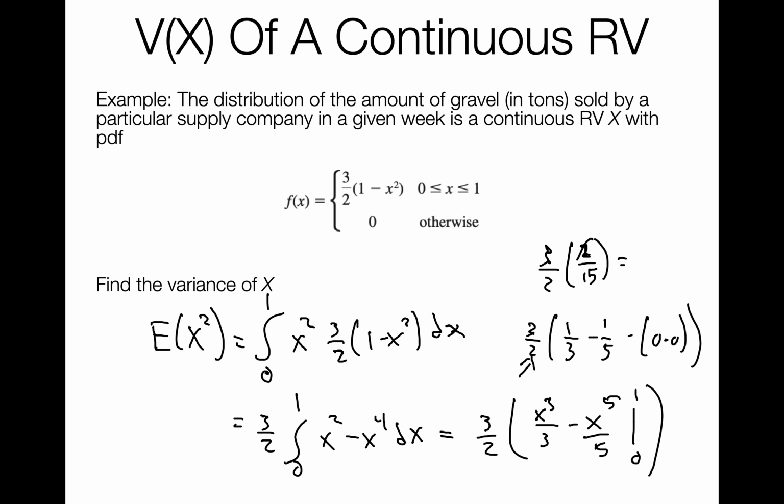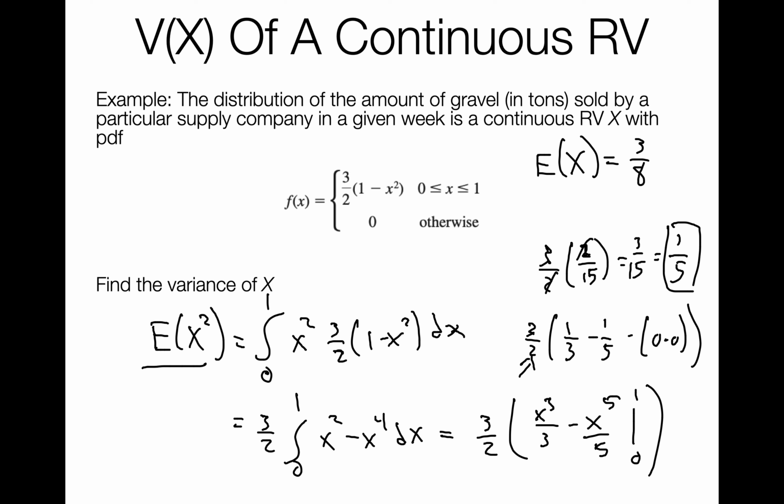And when I do that multiplication, the 2's cancel out, and I'm left with 3/15, or a fifth. So the expected value of x squared is a fifth, and we found before that the expected value of x is 3/8.